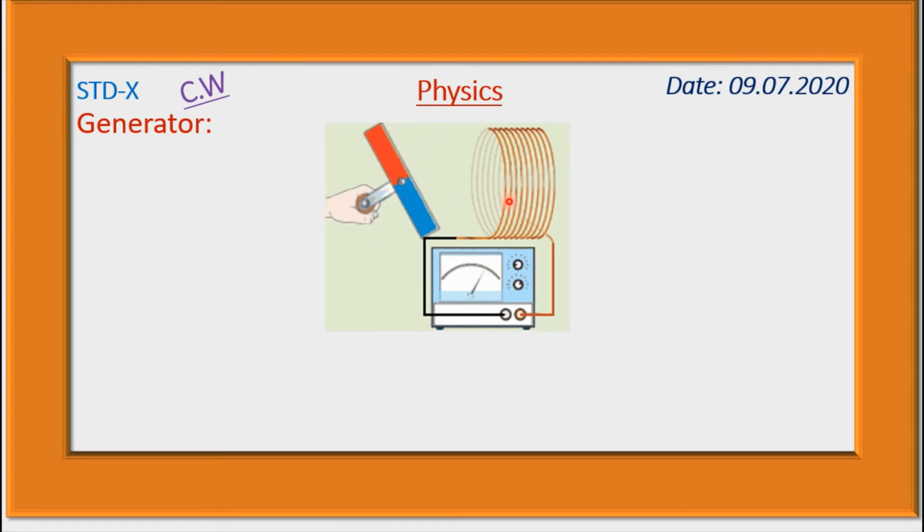Here the magnetic bar is rotating. Therefore, the magnetic flux through this coil is decreasing and increasing. Therefore, current flow through this coil is in a certain direction and again in the opposite direction. That is, here the alternating current is produced through this coil.